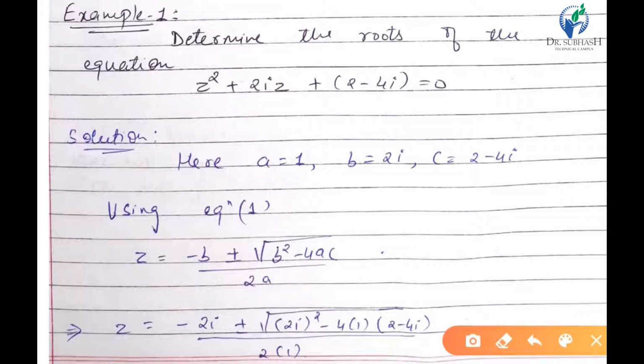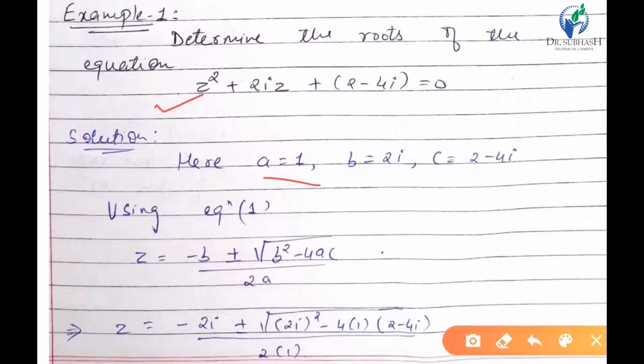Determine the roots of the equation z square plus 2iz plus 2 minus 4i equal to 0. Now first we will find the value of a, b and c. The coefficient of z square is 1, so a equal to 1.